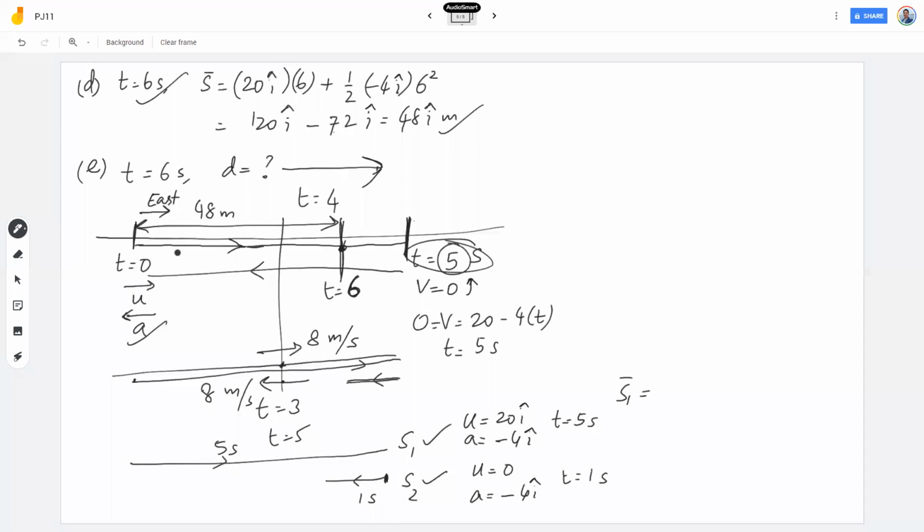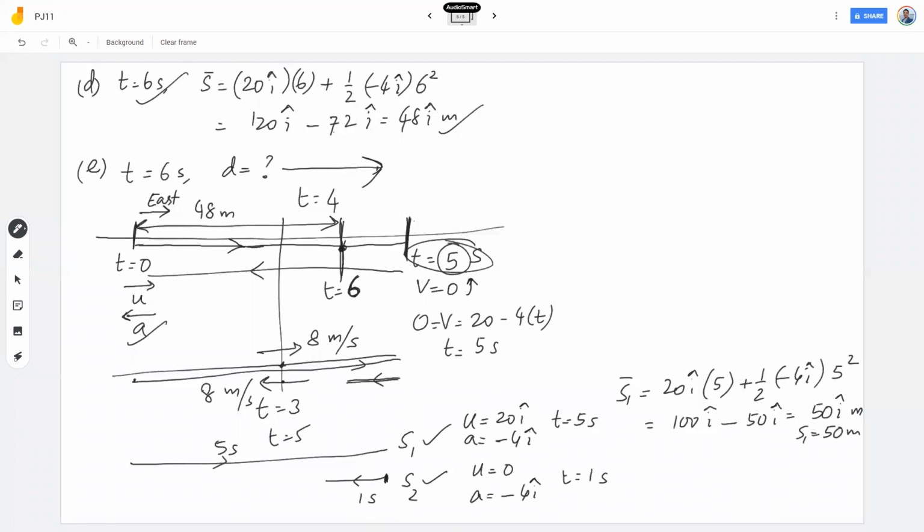So what will be S1 bar? S1 bar equal to 20 I cap into 5 plus half into minus 4 I cap into 5 squared. So this is 100 I cap minus 50 I cap, which is equal to 50 I cap meters, or S1 equal to 50 meters.